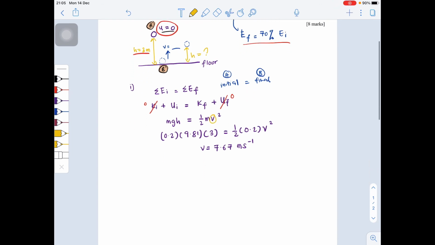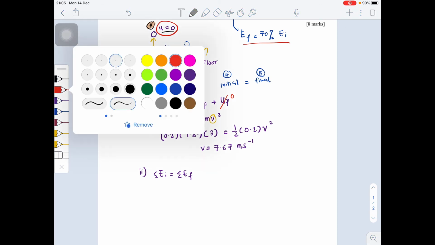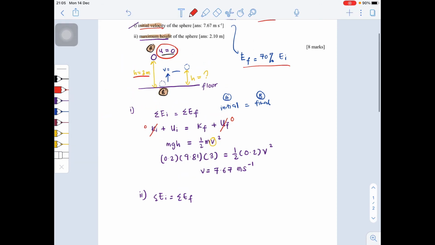Again, we use the same concept, which is the sum of total initial energy is equal to the sum of total final energy. And since kita ada information ni kan tadi, final energy is equal to 70% of the initial energy.